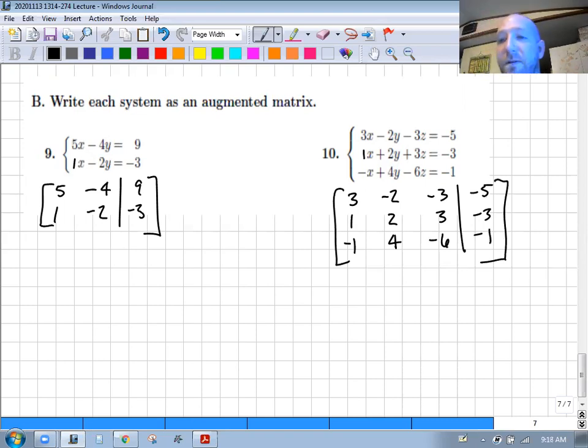Okay. Remember, the way you'd solve something like that is you'd add 2 rows together and replace it. So this one we could just add these. If we added these 2 rows, the 2 and the -2 would go away.